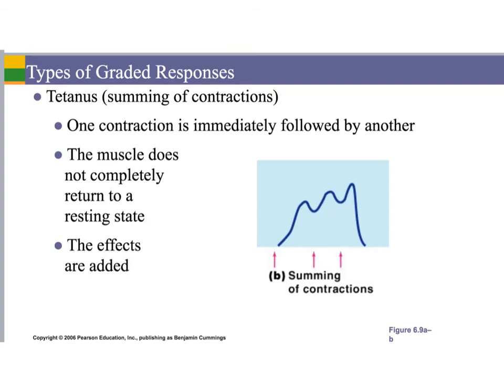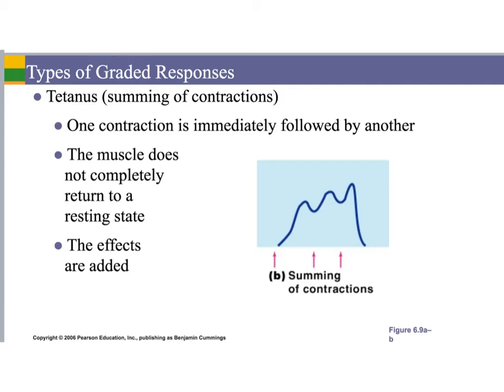And then we have tetanus, when we increase the frequency, we don't give the muscle fiber enough time to relax all the way. So if you go back to that other slide, you can see where we have a contraction and a full relaxation.